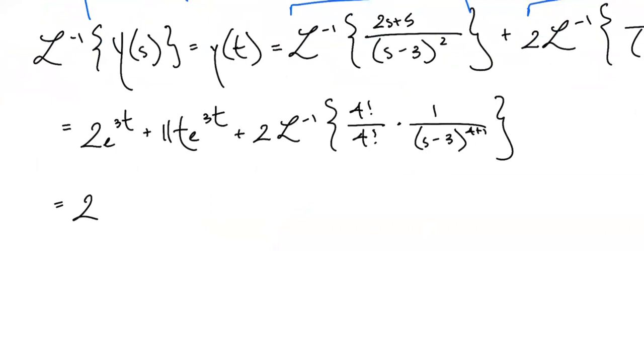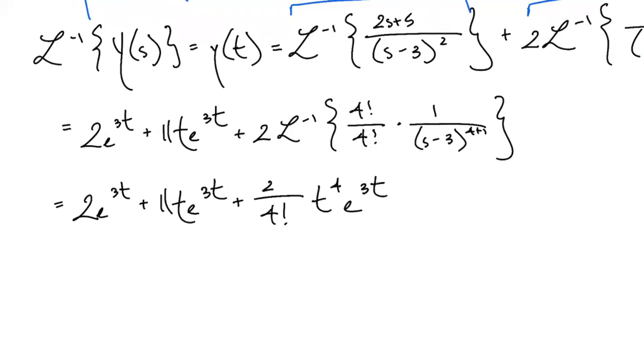So we get 2 over 4 factorial. And then when we apply that transform in the opposite direction, we'll end up with t to the 4th power and then e to the 3t.